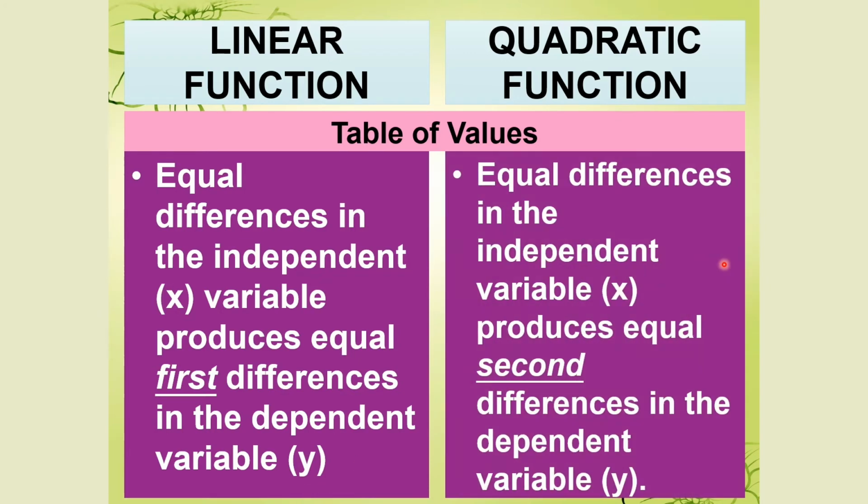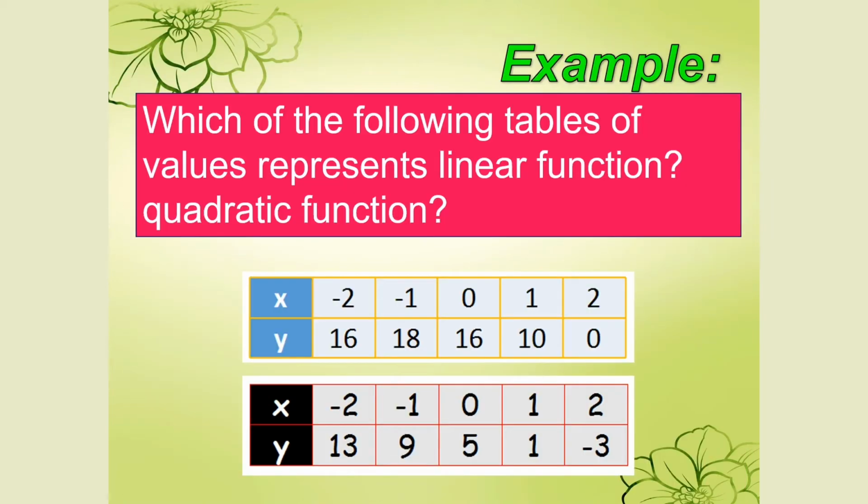While in the quadratic function, equal differences in the independent variable x produce equal second differences in the dependent variable y. To better understand the table of values, let us consider the following example. Which of the following tables of values represents a linear function and a quadratic function?